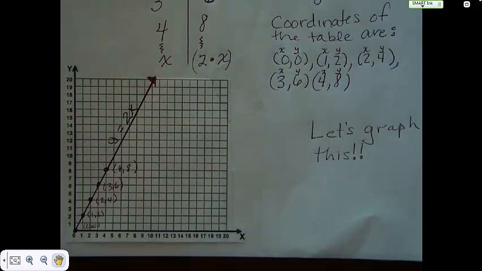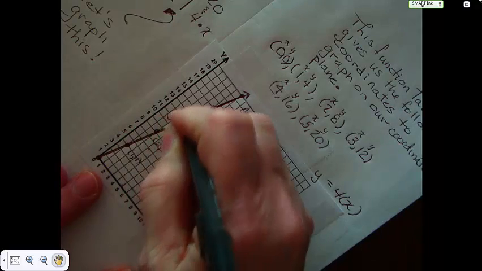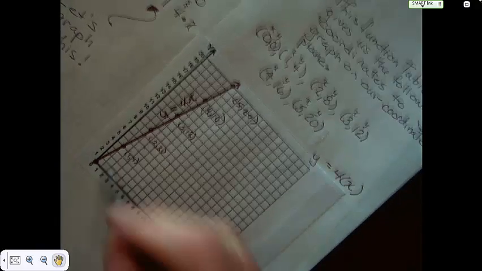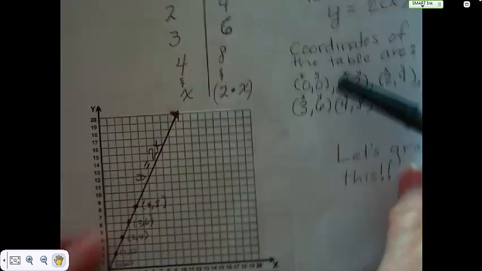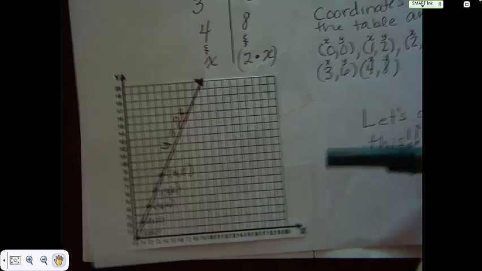We could have gone back here on this previous one and done the exact same thing and labeled this y equals 4x. Okay? You should always do that. You should always take your lines out to the edge of the paper. Okay, so we did that with this one and we labeled it. We have our points on it. We're good to go.